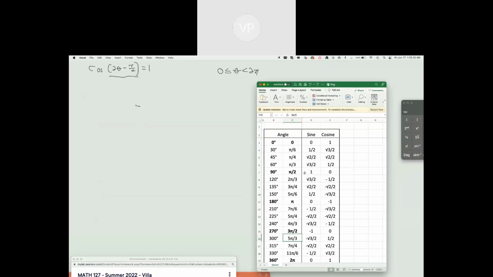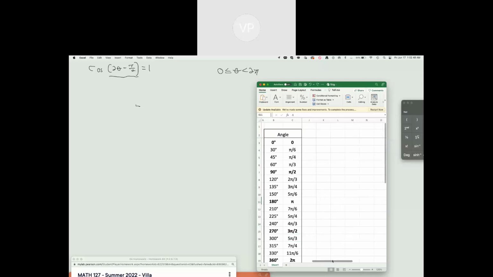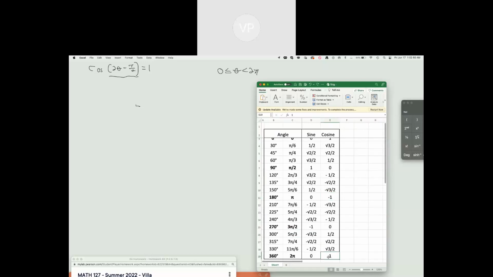Now remember, it's only going to happen one time, right here at 0. Here it's negative 1, and here it's too big. What I want to start with is you set that entire inside and say, well, that's going to be true when the angle is 0. If that whole inside is 0, then the cosine of 0 is 1, so we're set.